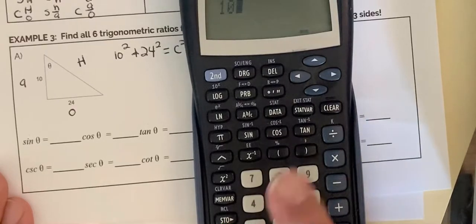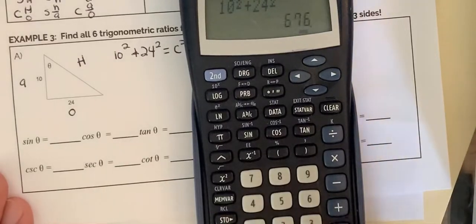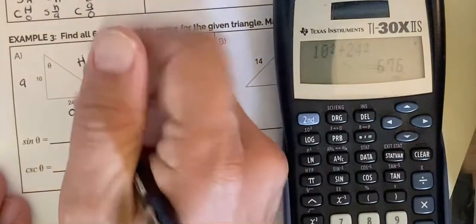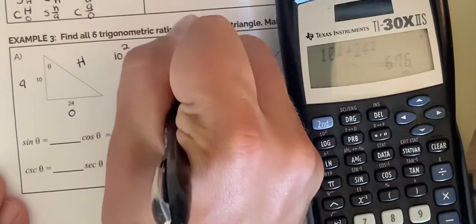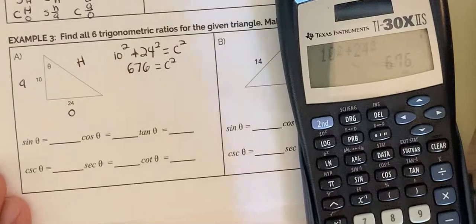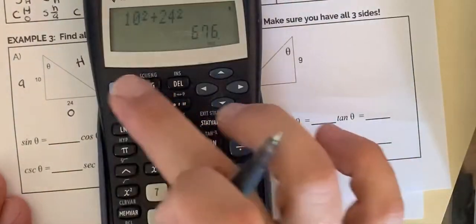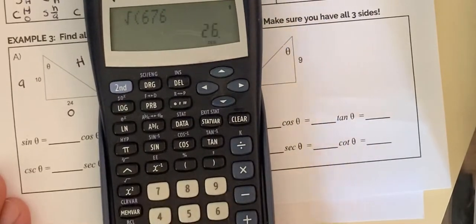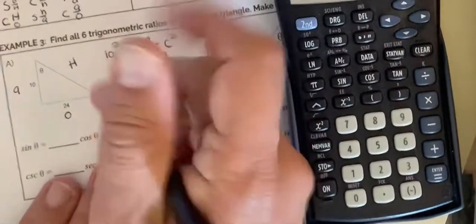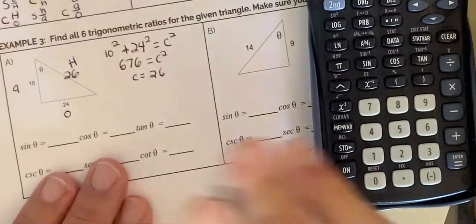So 10 squared plus 24 squared gives me 676. So 676 is equal to c squared. And then I'm going to take the square root to figure out what is c. And I got 26. So I'm going to put 26 in there.